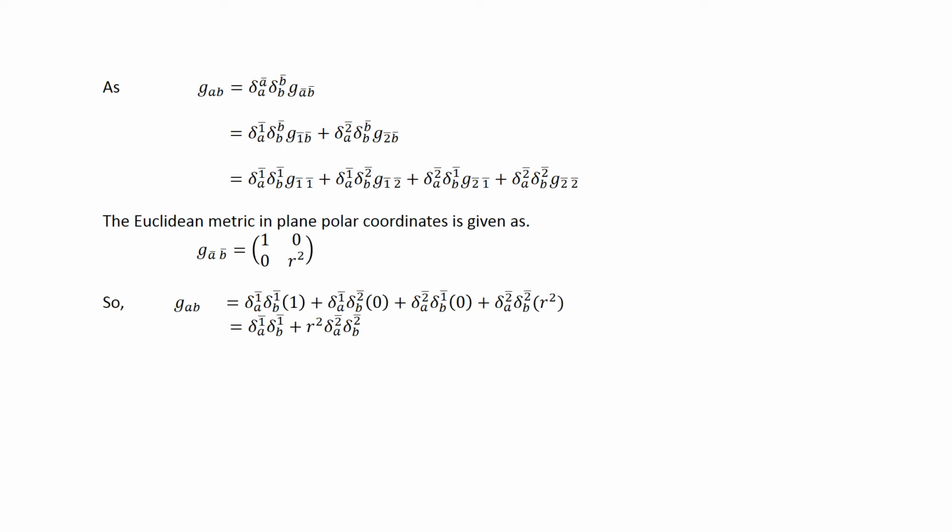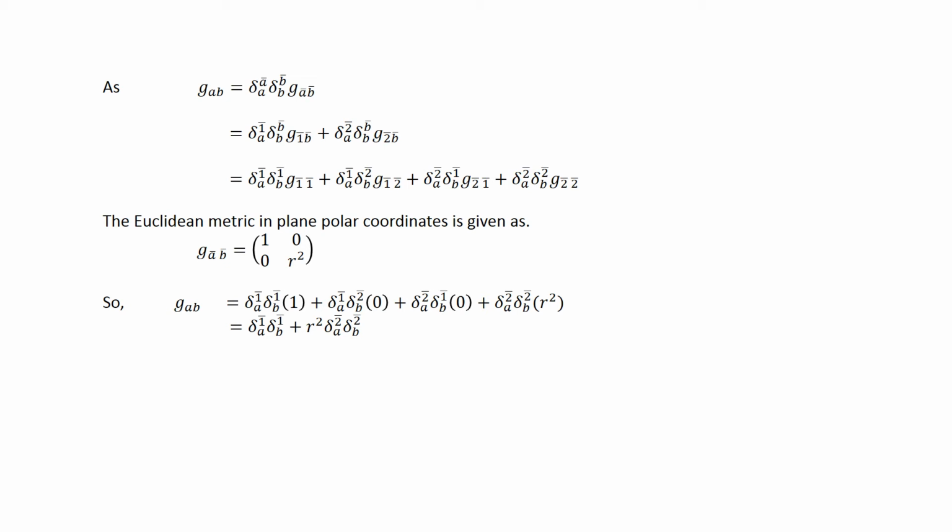So as on the left side we consider this a metric G A bar B bar, our first entry, which is 1, is G11, and in the same row 0 is G12, and the other 0 in the second row first entry is G21, meaning G 2 bar 1 bar is equal to 0, and the fourth entry which is r square in the second row of this matrix is G 2 bar 2 bar.